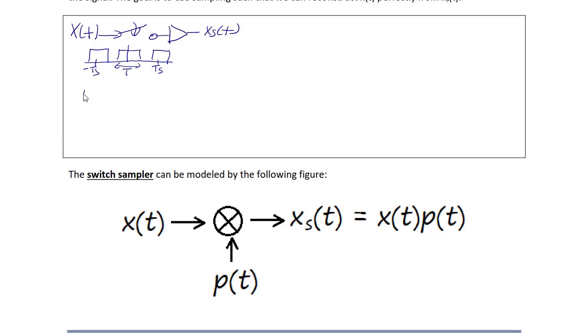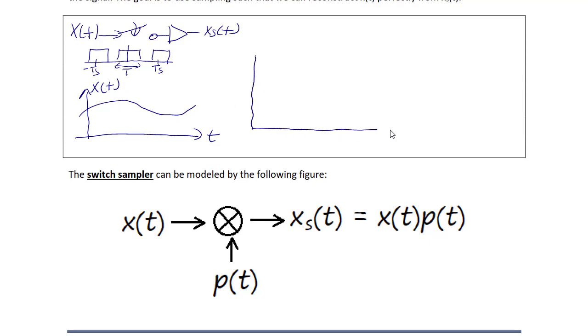So if x(t) is an arbitrary signal with the following shape, then xs(t) would look like the following.